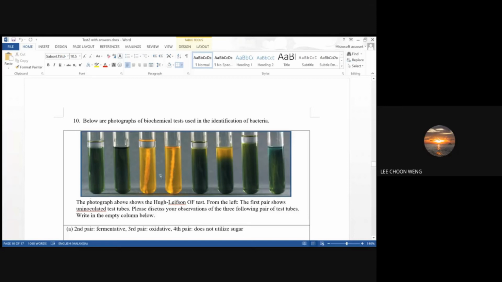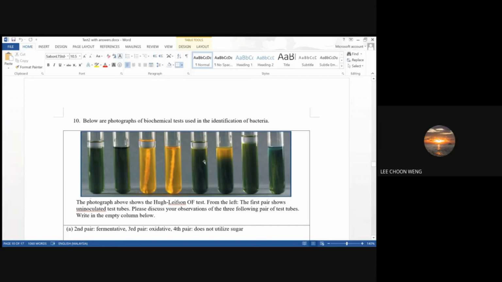Here, both the fermentative and oxidative tubes are positive, which means the bacteria is able to grow, ferment the glucose, and cause the pH to drop. So this is typical of fermentative.